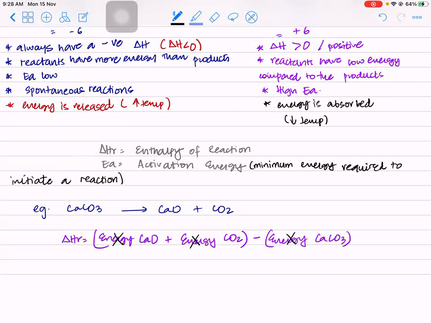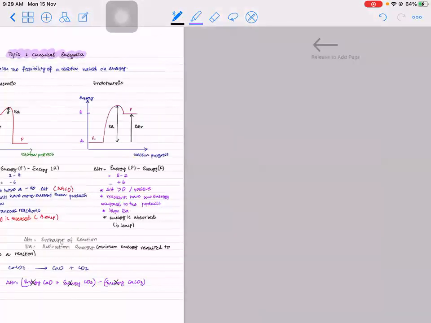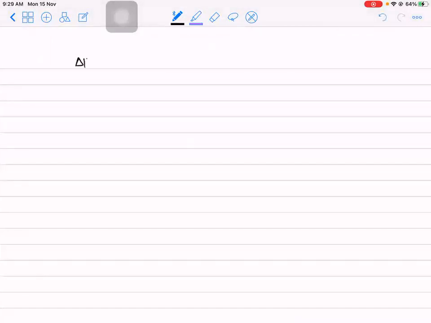Now, what is that? Let's see. So we know that delta HR equals energy of products minus energy of reactants cannot work because you can't get exact energies. So now what will we use instead?